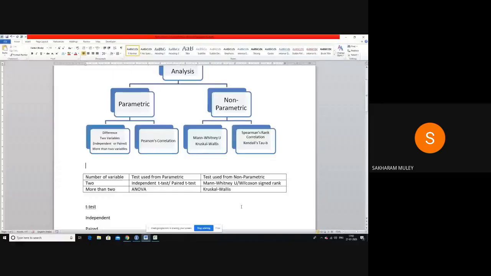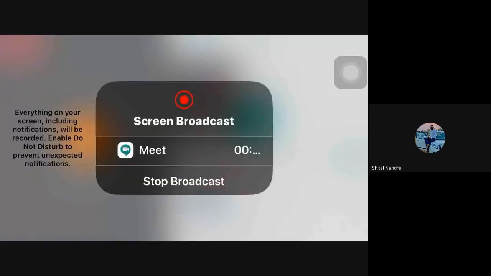So the screen of Sakaram sir will come to your computer. Yes, sir, you can start. Now, is it visible? Yes, sir, it is visible. Okay, thank you.